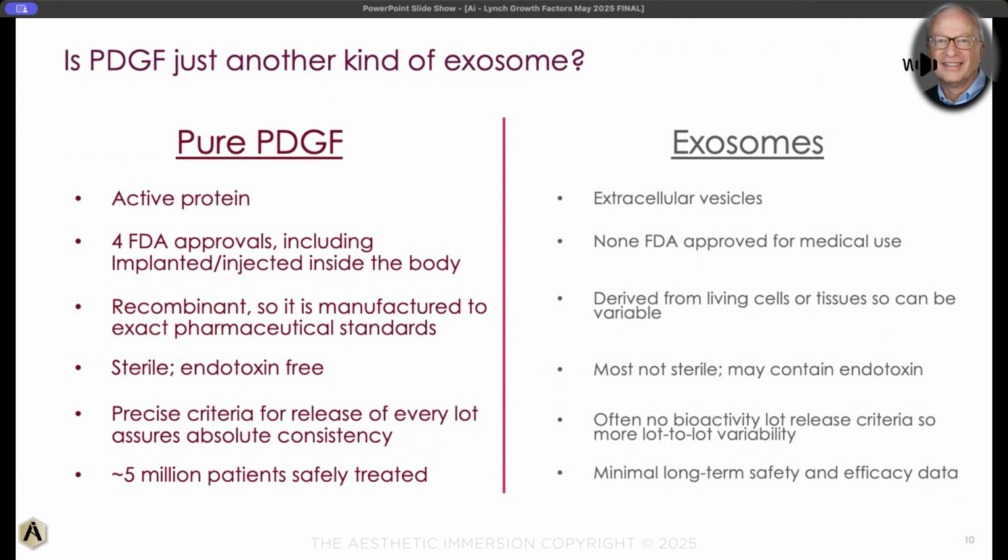People talk about a billion exosomes or a trillion exosomes. But that's not the right question. The question is, what is inside that extracellular vesicle? Is it fruits and vegetables and steaks? Absolutely.